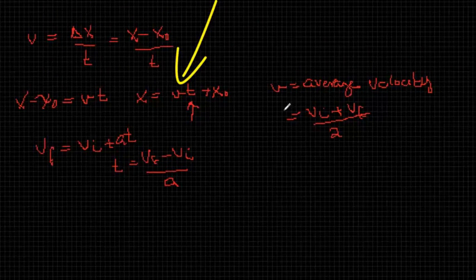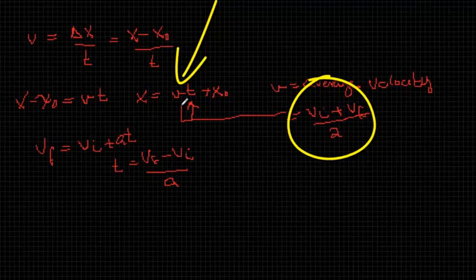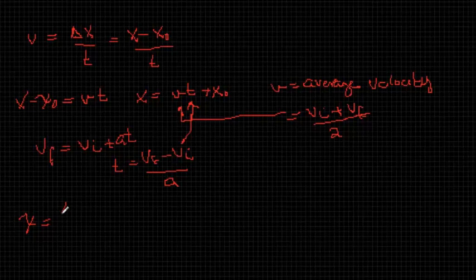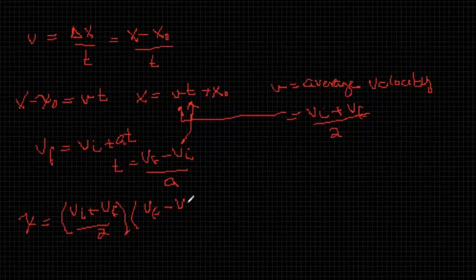So if you were to take this part here and plug it for v, and this plug it for t, x would equal v, which is this term here, initial velocity plus final velocity, over 2 multiplied by t, which is final velocity minus initial velocity divided by acceleration, plus the initial term here, which is initial distance.